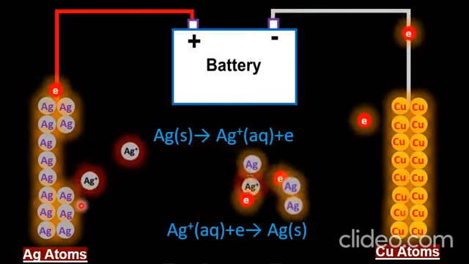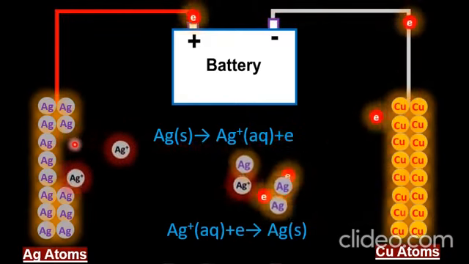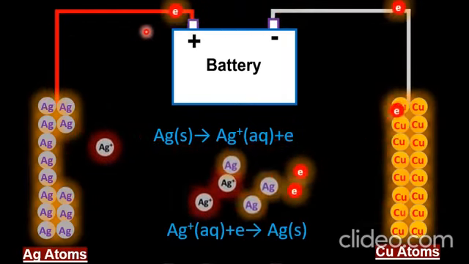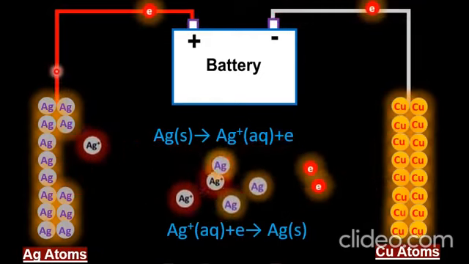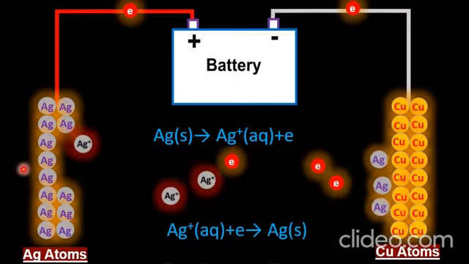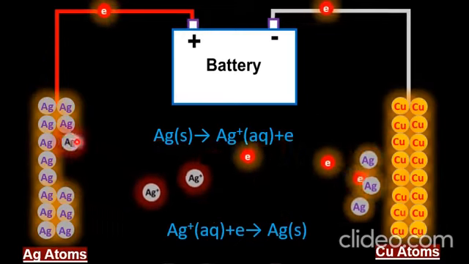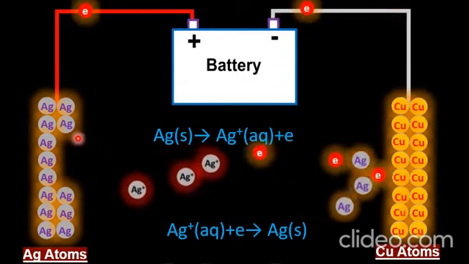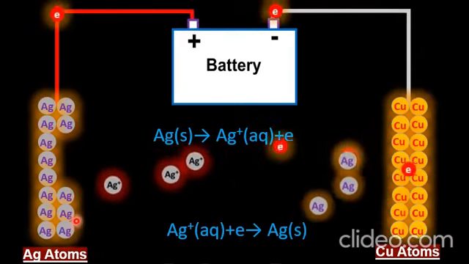They are losing electrons because the silver plate is connected with the positive terminal of the potential source. The positive terminal pulls the electrons toward itself, so a silver atom loses its electrons and is converted into a silver plus ion. The loss of electrons is an oxidation reaction, so oxidation takes place at the silver plate side of the electroplating cell.